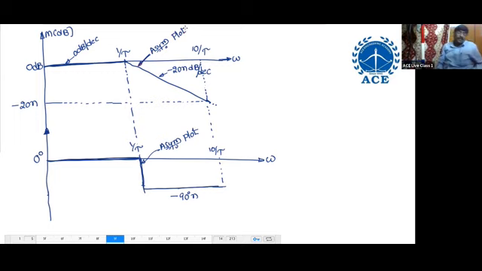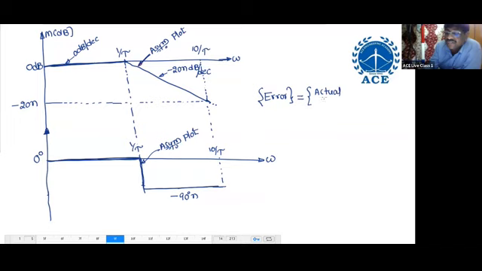Okay. Once you draw the plot, this is actually sufficient. Then we have to calculate the errors. What is the error? Errors in the plot, not steady state errors. Error is nothing but actual value minus asymptotic value.